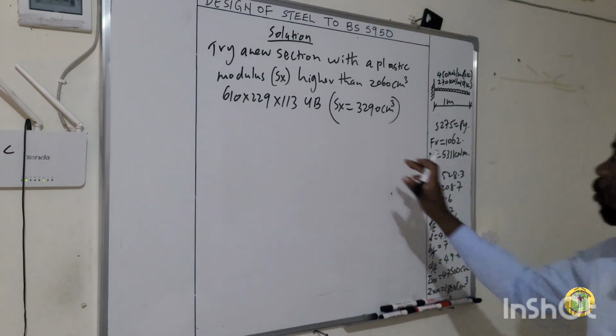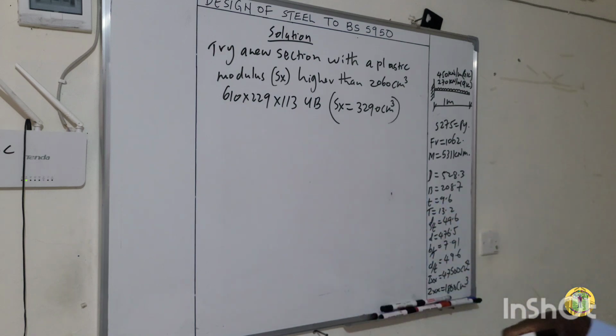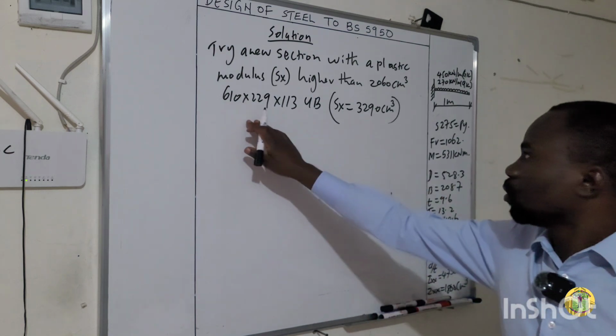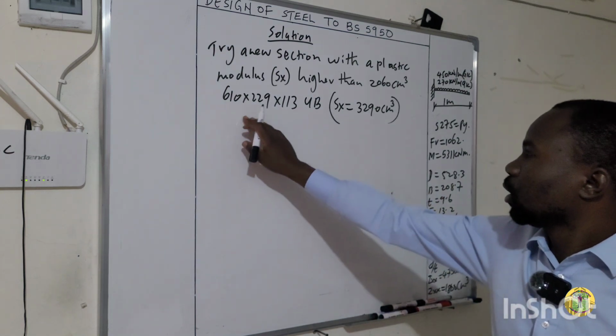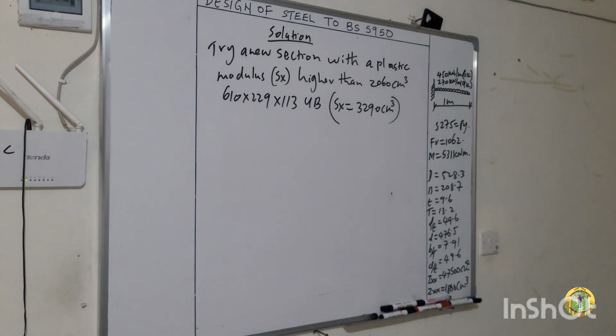So go back to the table. I hope you have the table and see how I have selected this section. Again, after selecting this section, you will also write the properties of this section because it will help you in our proceeding calculation.